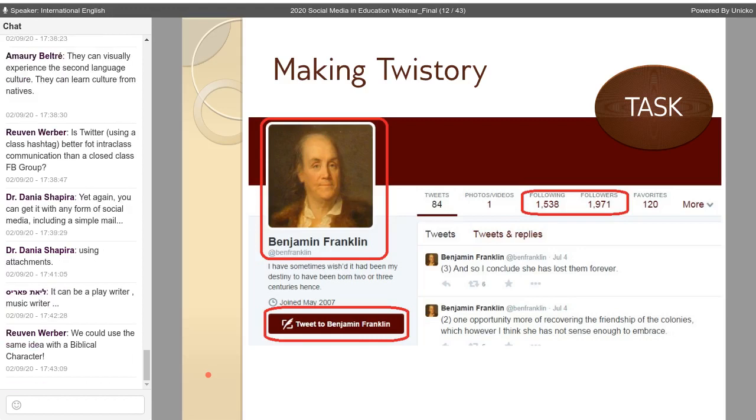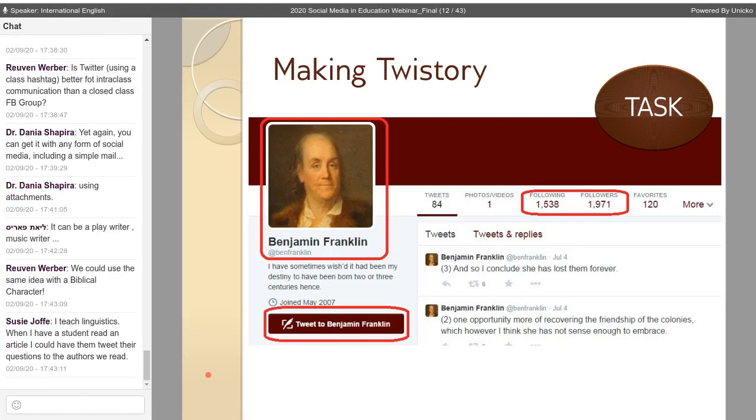So if you are a history teacher, your students can send the questions to Benjamin Franklin. Susie, teach linguistics. When I have a student read an article, I could have them tweet their questions to the authors we read. Absolutely, Susie. Ruben, we could use the same idea with the biblical character. That is correct.